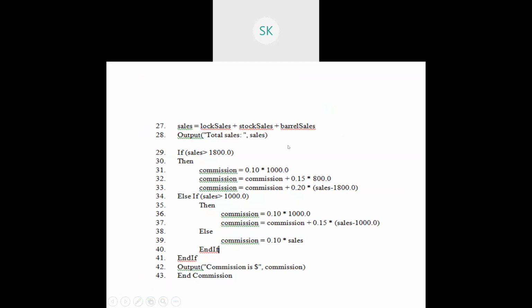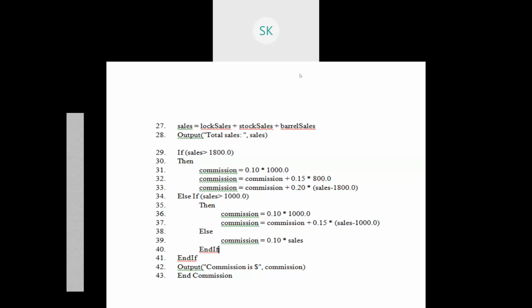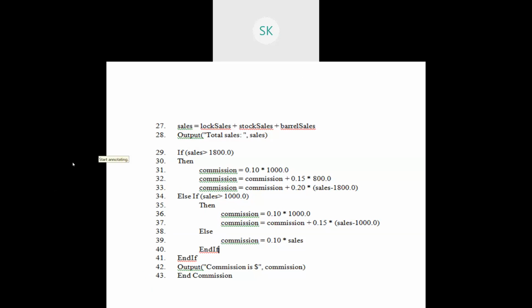So with respect to this, if I just try to annotate here, slice based on sales. Sales is the variable that I'm talking about. With respect to this, 27th is the line that I'm talking about.